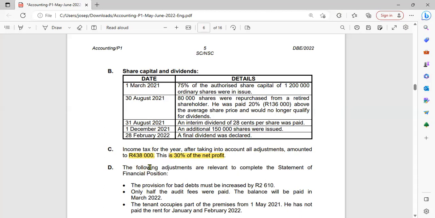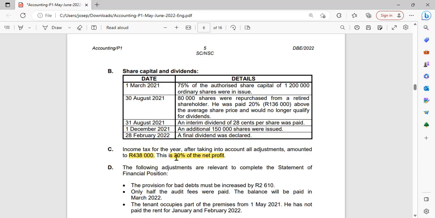SARS is the only institution responsible for taxes. So income tax is 438,000, after taking into account all adjustments, meaning after calculating our net profit before income tax. They charged us this amount, which is 30% of the net profit.